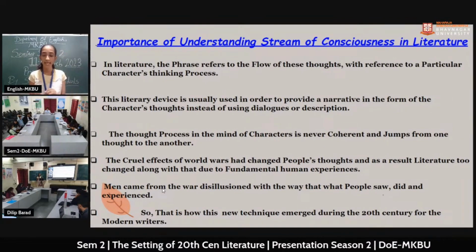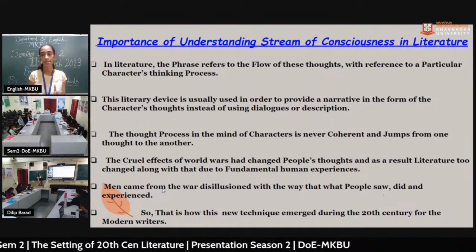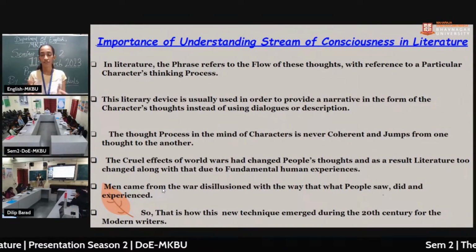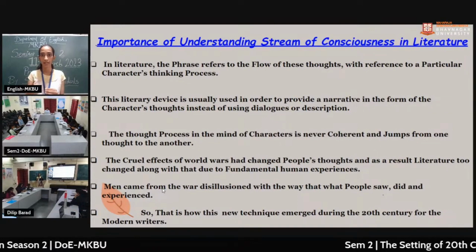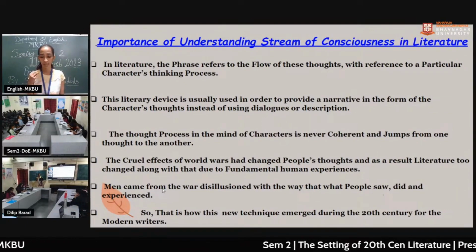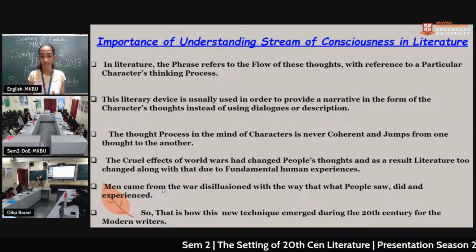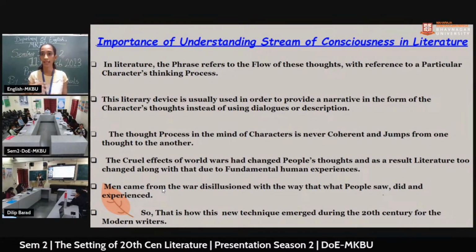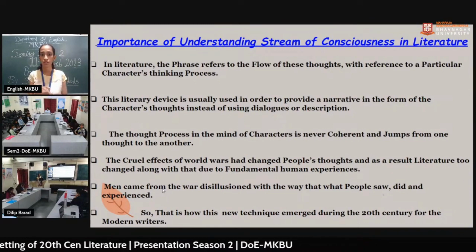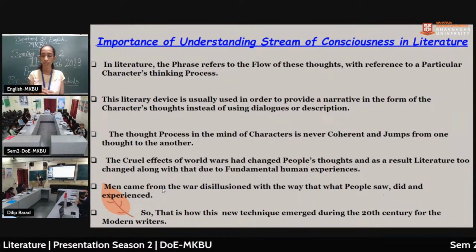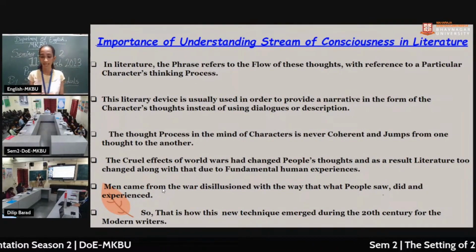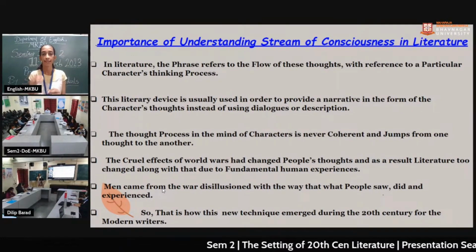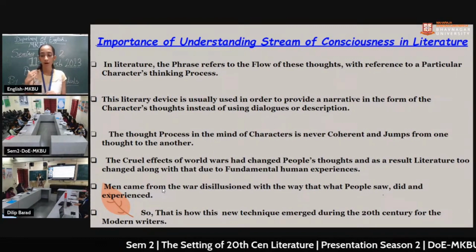The thought process in the mind of the characters is never coherent. Coherent means logical, or we can say continuous, but it is never coherent because it jumps from one thought to another. If it were coherent, it would be very easy for us to understand. But in this new narrative style, the character's thoughts jump from one to another, and that is why it is difficult to understand.